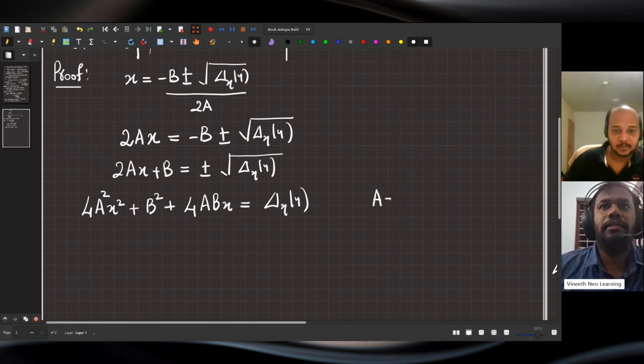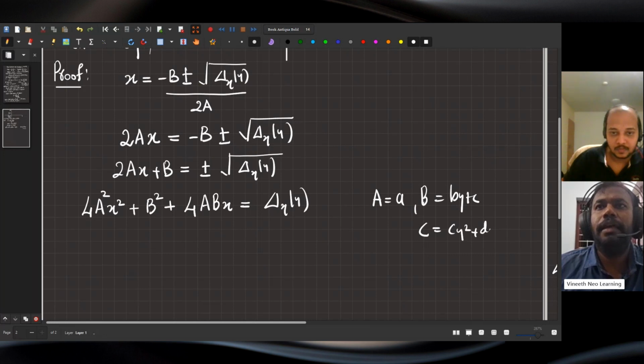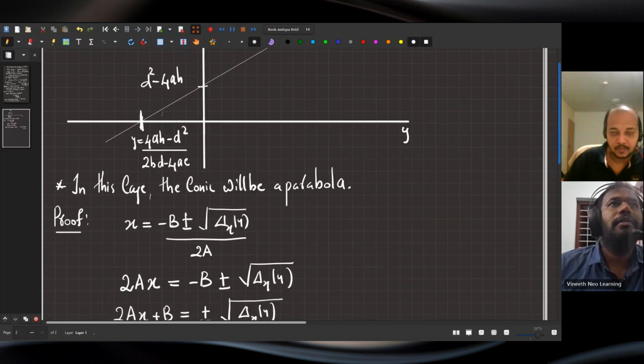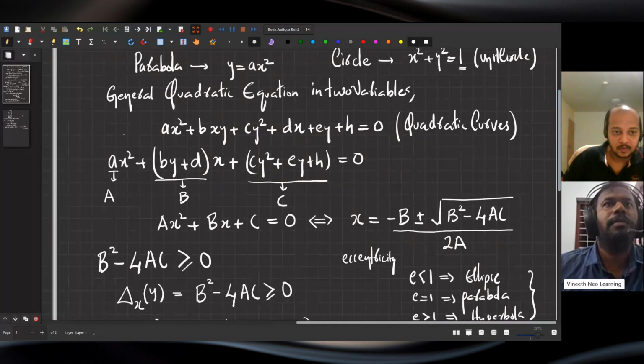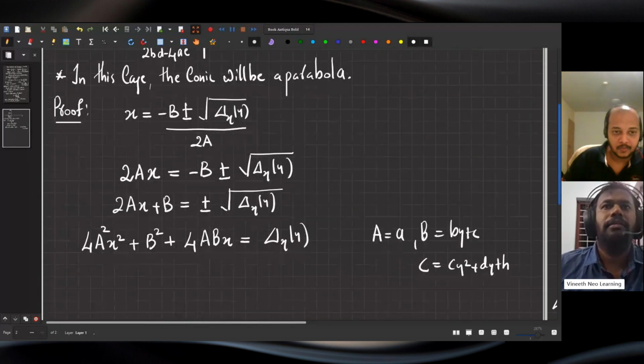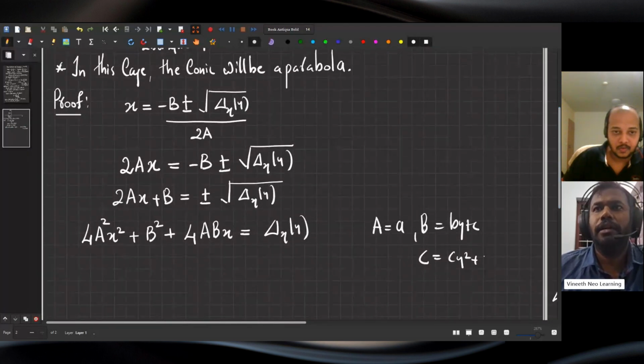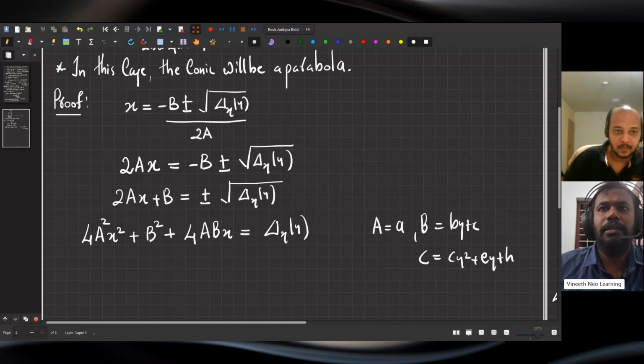Here a is a, and b equals by plus d, and c equals cy squared plus ey plus h. What was capital C? Cy squared plus ey plus h, correct.